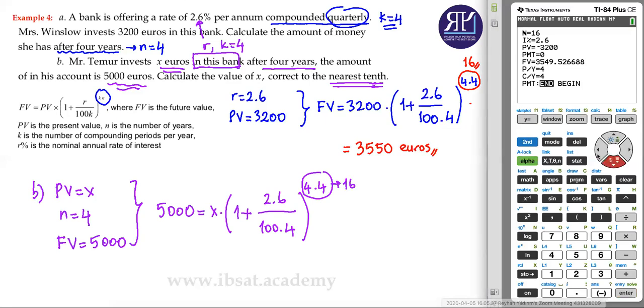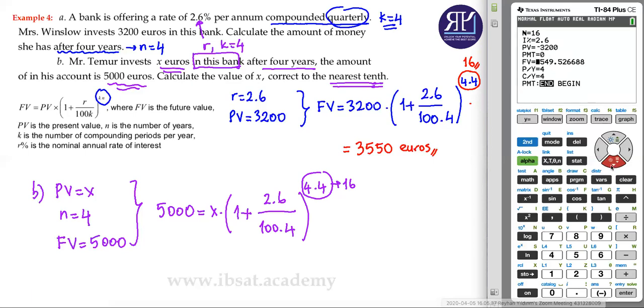The rate is 2.6. We already used it in choice A, so some values are already written here, ready for us. We will calculate the present value this time. No need to write anything here. At the end, we will come here and press alpha enter at this place.